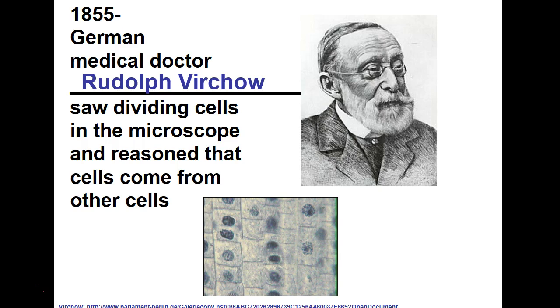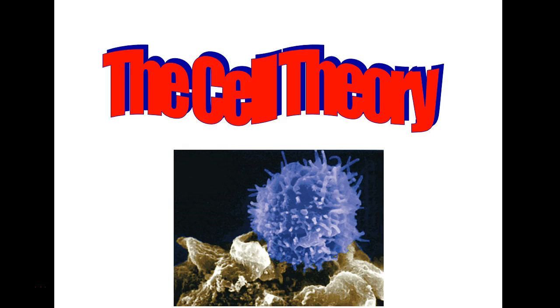So you have one cell, cells reproduce by just breaking themselves apart. So one cell breaks into two cells. He saw that and he says, well, all cells have to come from other cells. So those three were five guys. The three scientists, Virchow, Schleiden, and Schwann, along with Hooke, the guy that named cells, and Anton.